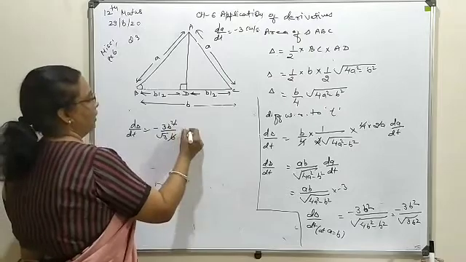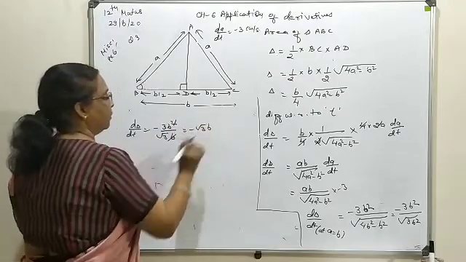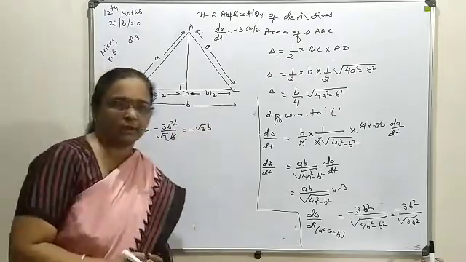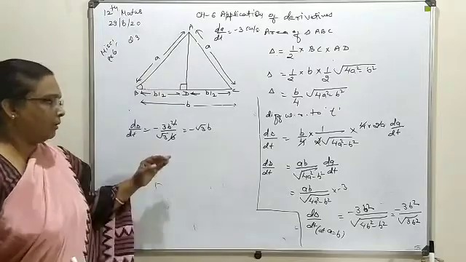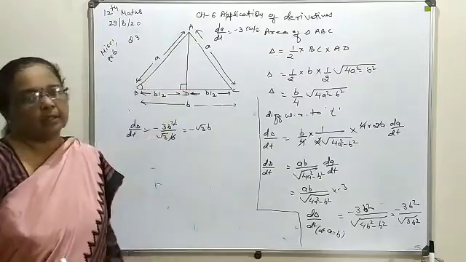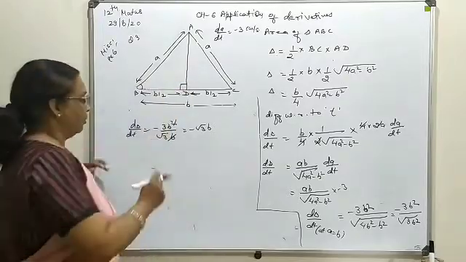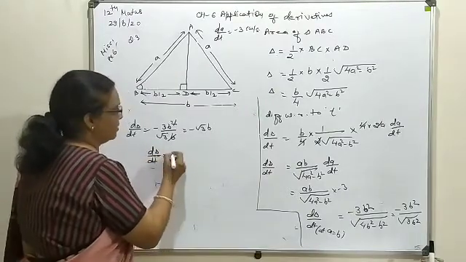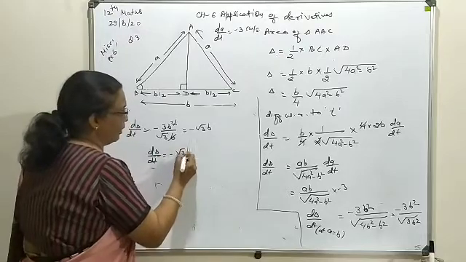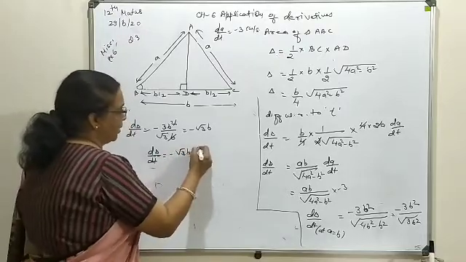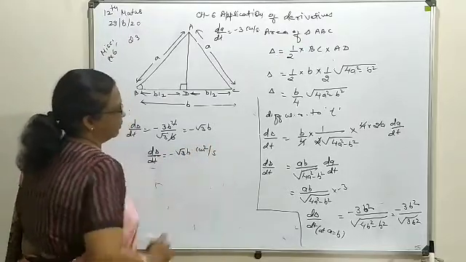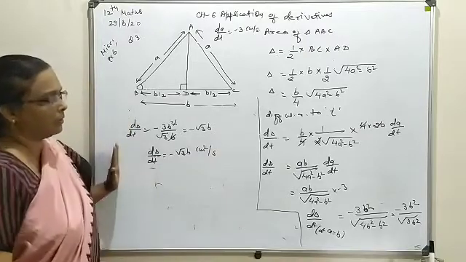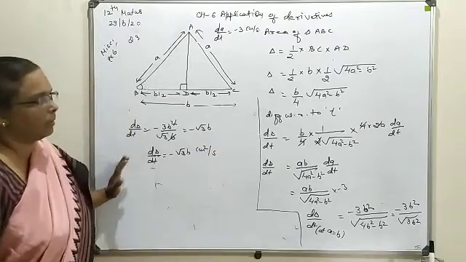This power also you can adjust, under root 3B. So this is the rate of change of area when both the sides are having the same length. So this will be your d delta by dt is minus 3 under root B centimeter square per second. Being area, its unit will be centimeter square.